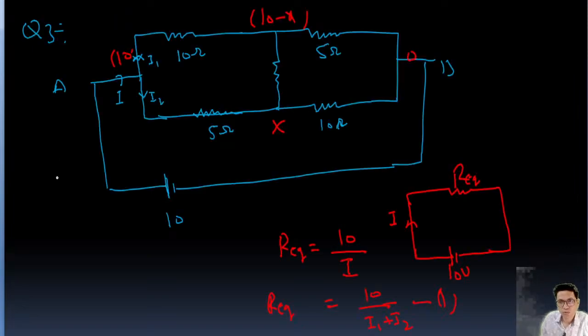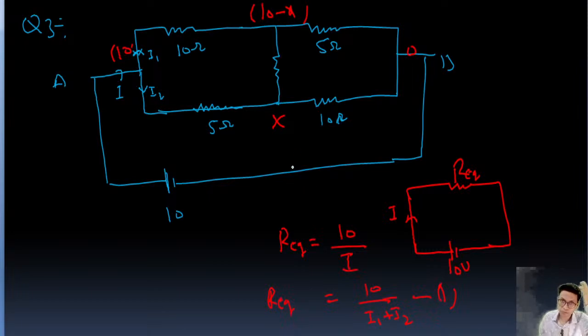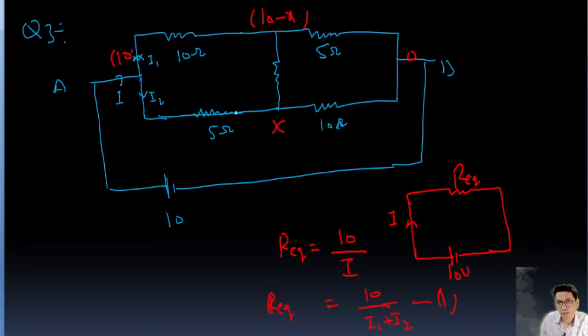So this is going to be X minus 0 upon 10, X minus 0 upon 10 plus this one, X minus 10 upon 5.